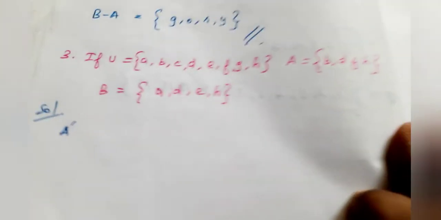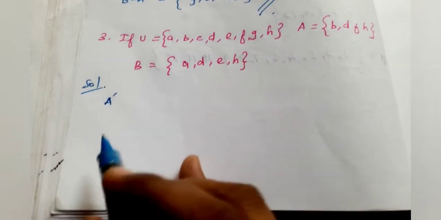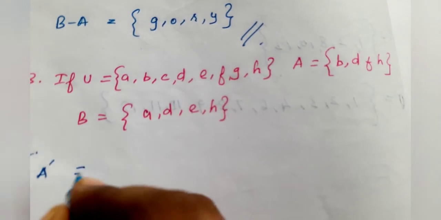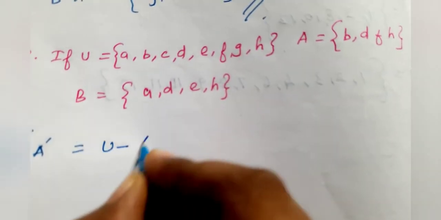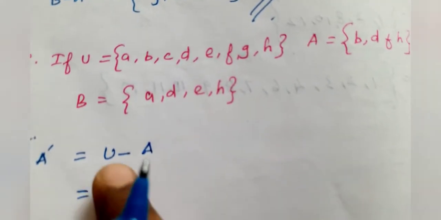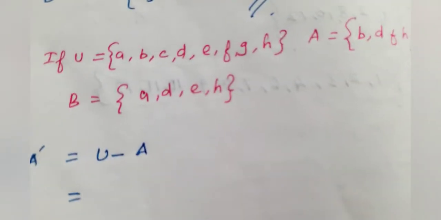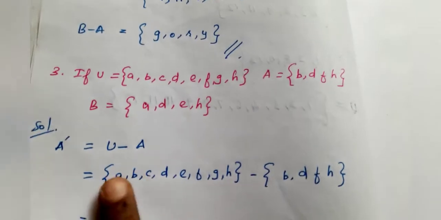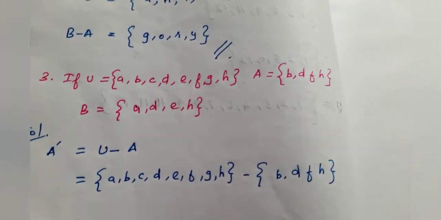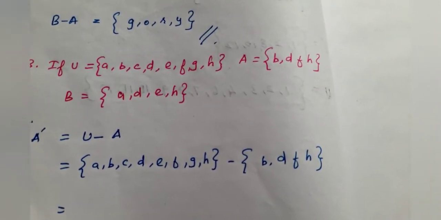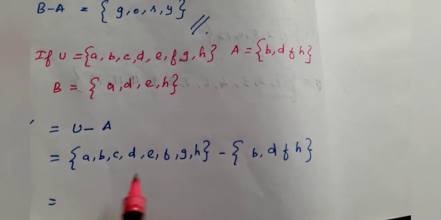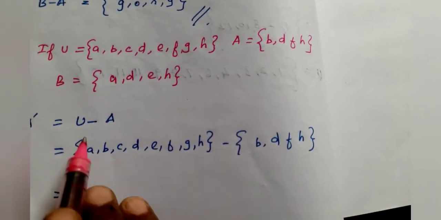Here we can write A complement or A dash equals U minus A, which means universal set minus set A. Now we shall see without a diagram how we can subtract the elements. Here A, B, C, D, E, F, G, H are given in the universal set.